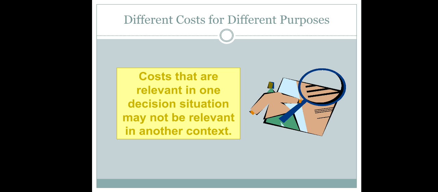Then in that situation, the rental cost of $1,000 per month is relevant. The rental cost is relevant for one decision making process, but maybe not relevant in another. So you have to be aware, sometimes a cost is relevant for one decision process only. In another situation, it is not relevant anymore.